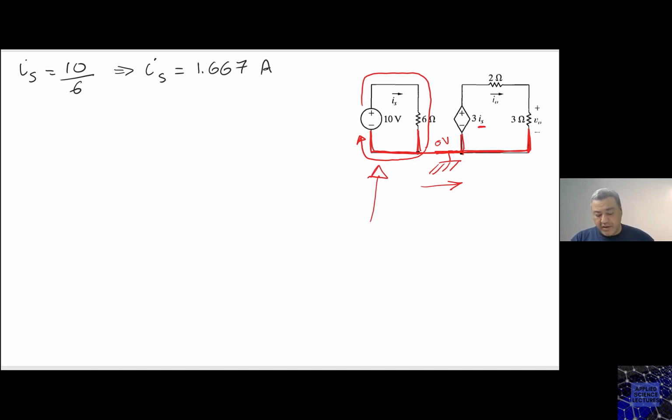Here you don't have any path that basically this voltage source is forcing the current to come back to it. But here in this case, you do have a closed path. This one is an open path for the current. It's not going to go this way.